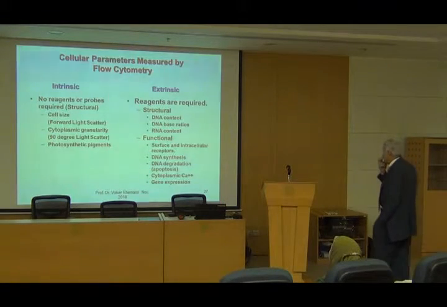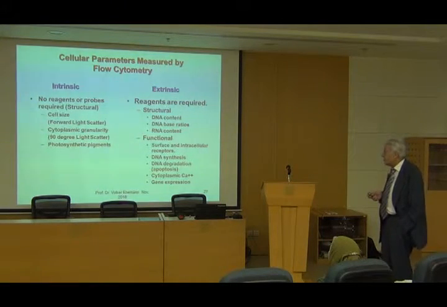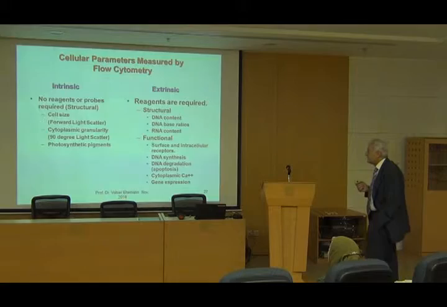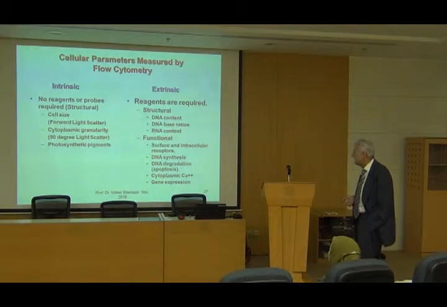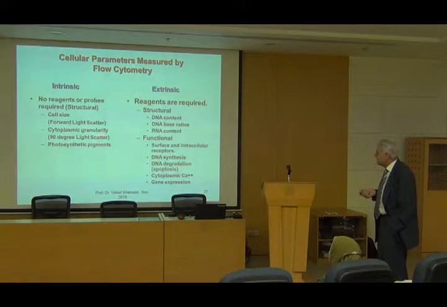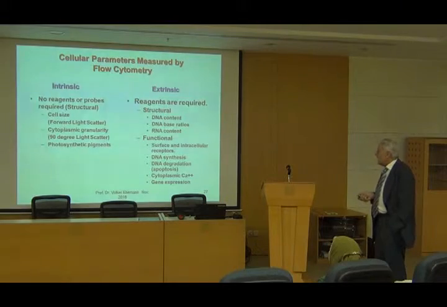Cellular parameters measured by flow cytometry: the intrinsic ones, where no reagents or probes are required, are structures such as cell size, which we have heard of as forward light scatter, cytoplasmic granularity, side scatter, and photosynthetic pigments.